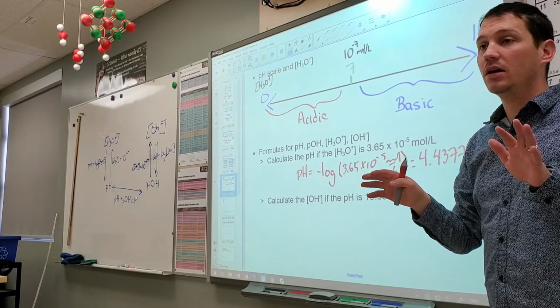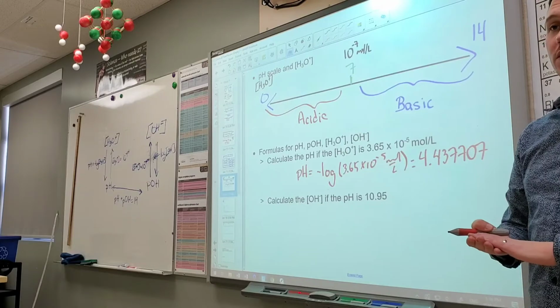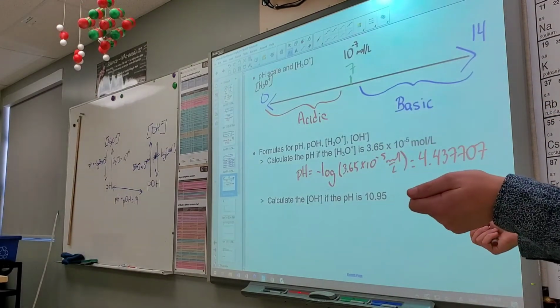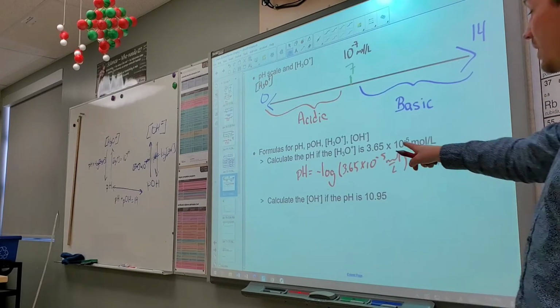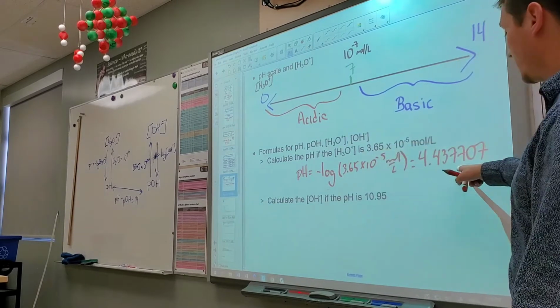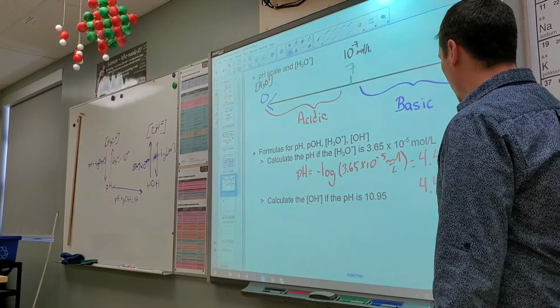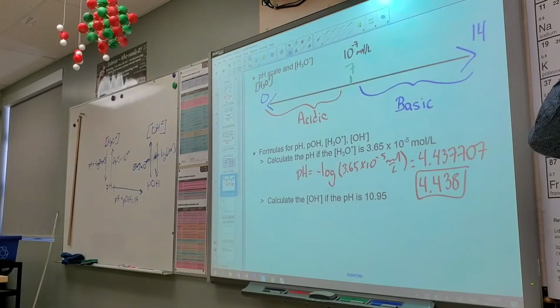Cassidy? You put it after the decimal point, only for pHs and pOHs. If we're about to write down a pH or pOH, then you only care about the decimal places. So 3 digits, then let's write down 3 decimal places: 4.438. Done deal.